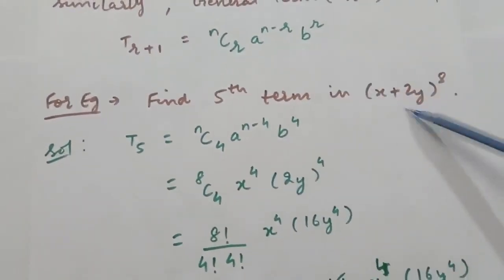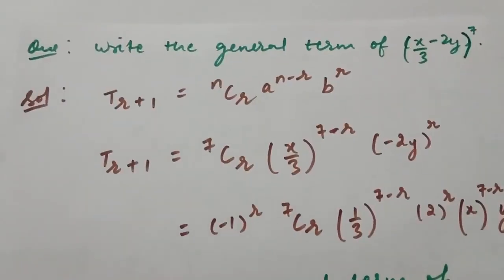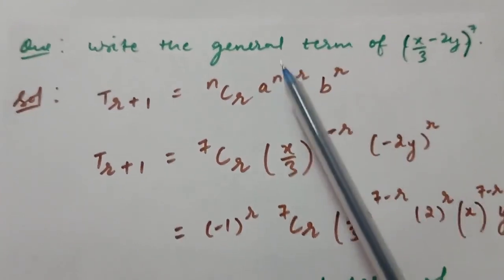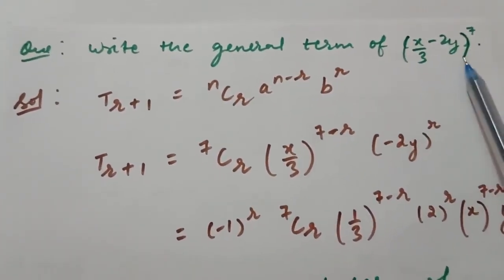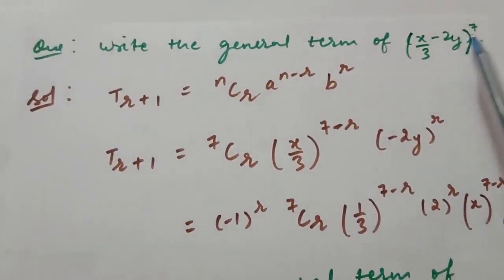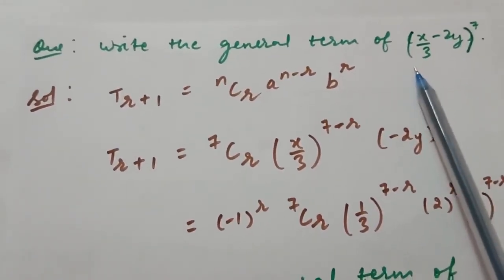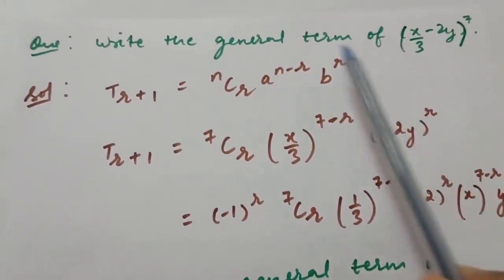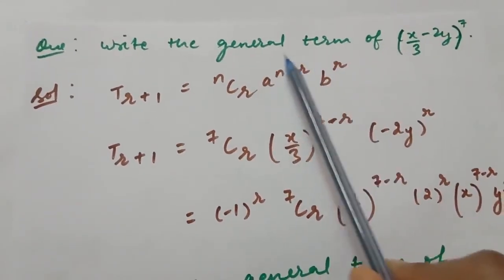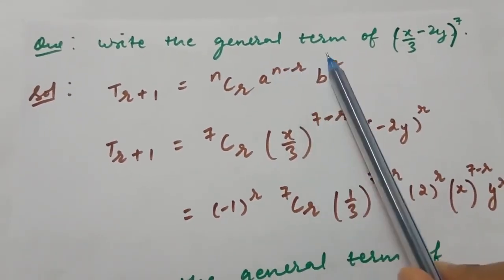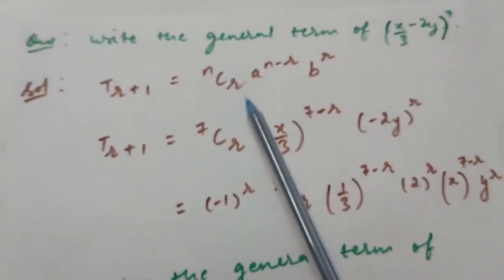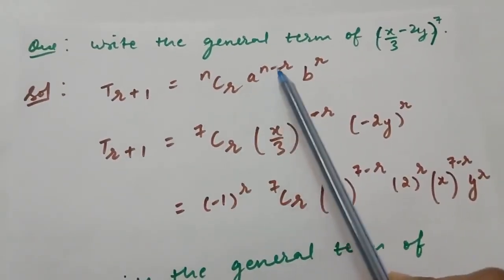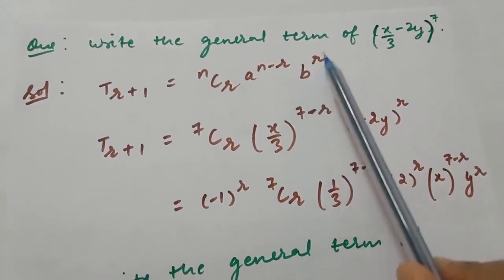The next question is, write the general term of (x/3 minus 2y) whole raised to the power 7. Now in this they are not asking for any specific term, but they are asking for the general term. So as we know, the general term is t(r+1) equals nCr a raised to the power n minus r, b raised to the power r.